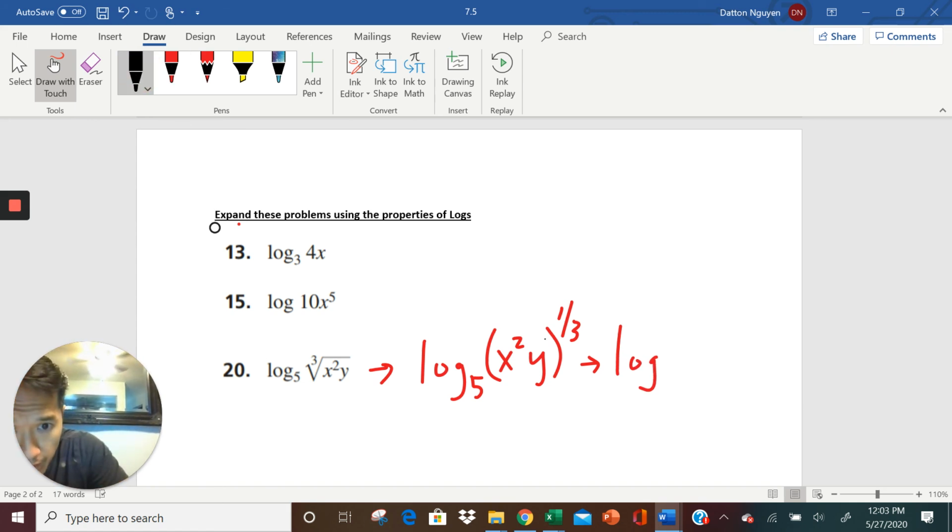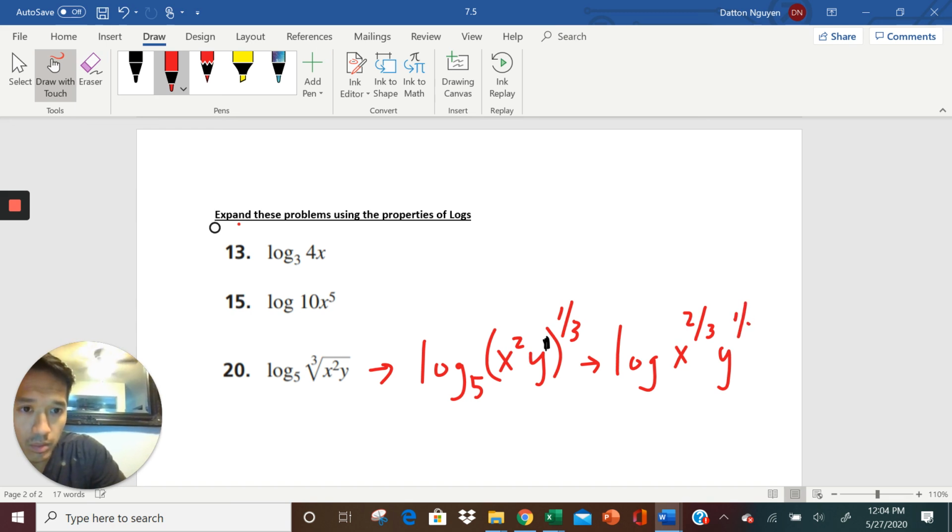Remember that there's a 1 right here. Okay, that's a 1, as best as I could draw it without making it look too nasty. So I'm going to multiply that 1/3 times the square on the x. That makes it x to the 2/3. And I'm going to multiply that 1/3 times the 1 on the y.